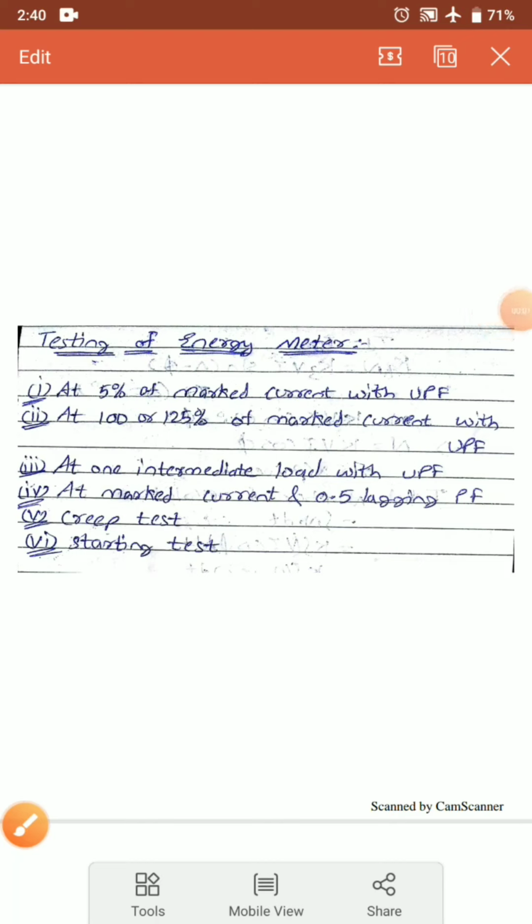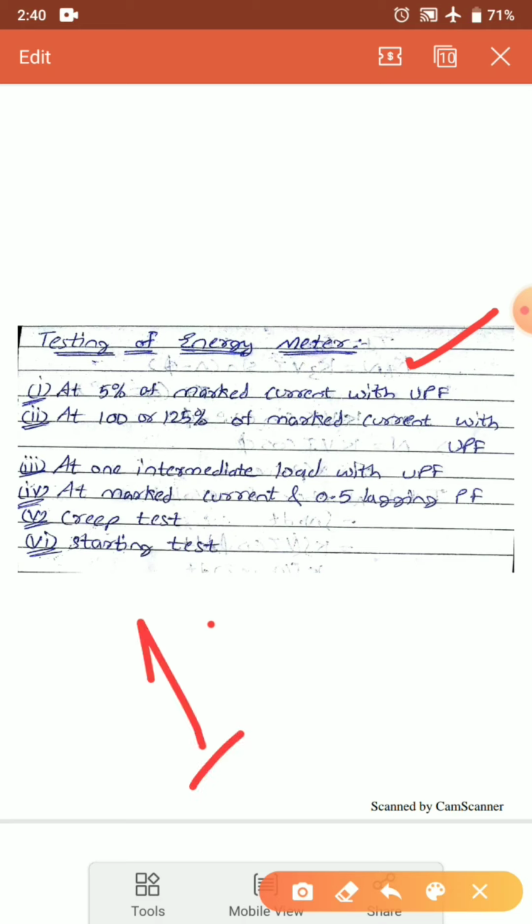Discussing the testing of an energy meter, we can see that there are many steps and procedures that have to be followed to ensure that an energy meter is working properly. Now, the first step is that the current we give should be 5% of the marked value.